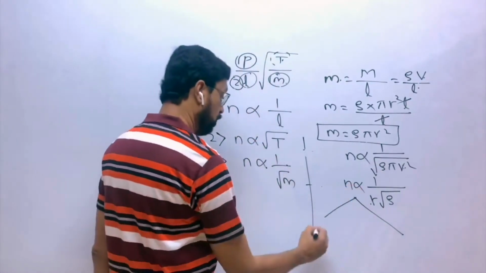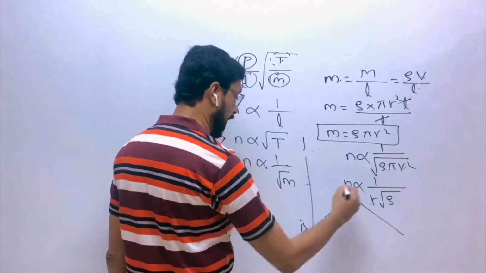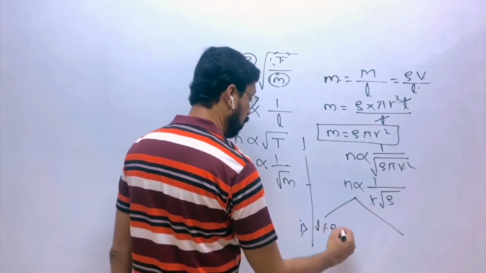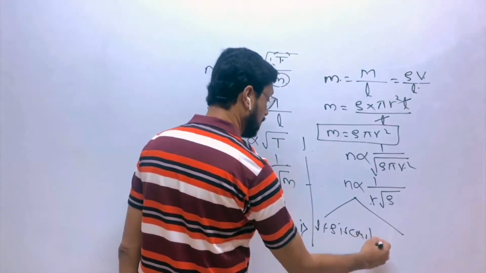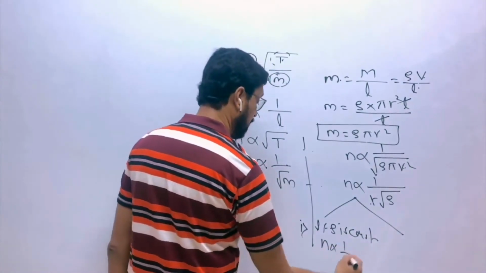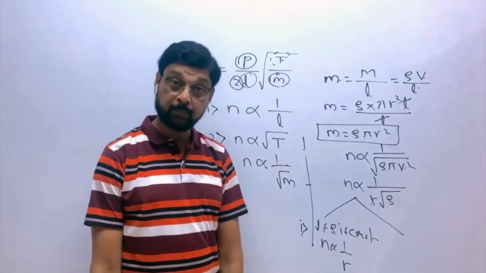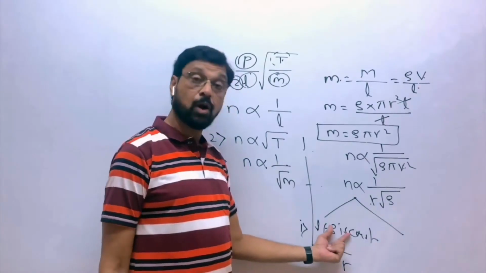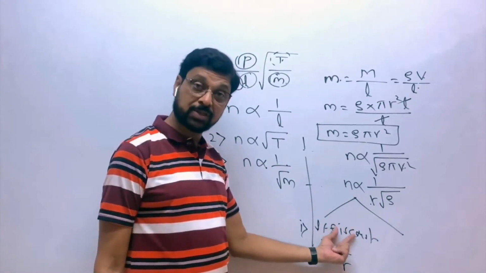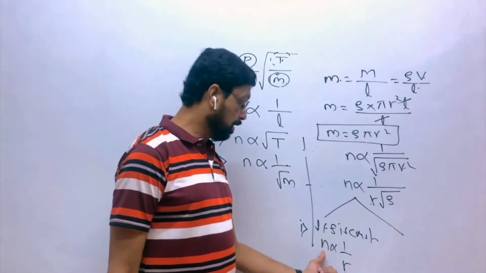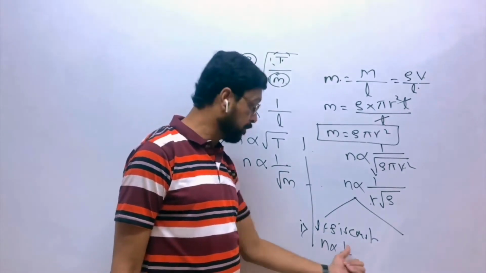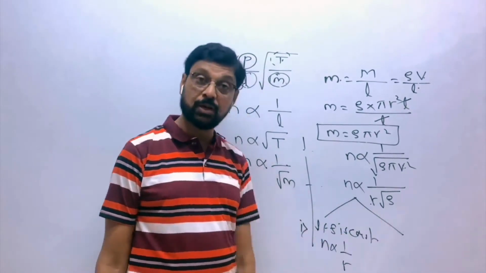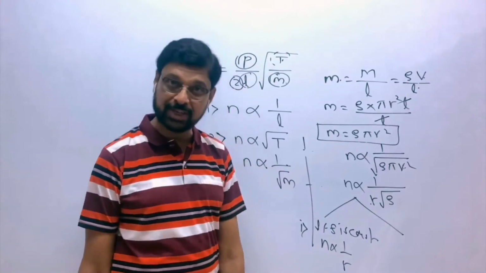So the first statement says that if rho is constant, then n is inversely proportional to r. If the density of the string is kept constant, then the frequency of vibration is inversely proportional to its radius of cross section.